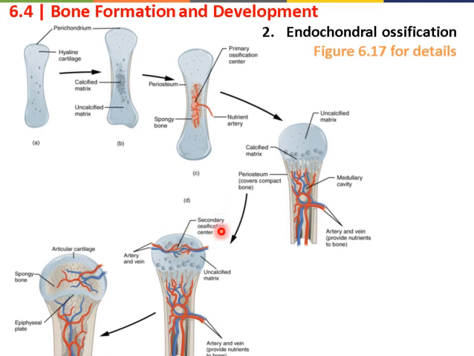The secondary ossification center is responsible for keeping the cartilage only over the surface as articular cartilage for the articulation, المفاصل, and they convert the epiphyseal plate to become the epiphyseal line, and the mature bone is now ready.